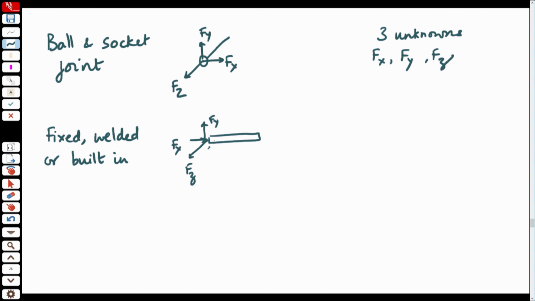I'll mark it with the double arrows, but right hand rule we are talking about. So, if the moment is like this, then Mz is marked like that. So, you have 6 unknowns here, 3 forces, 3 moments.